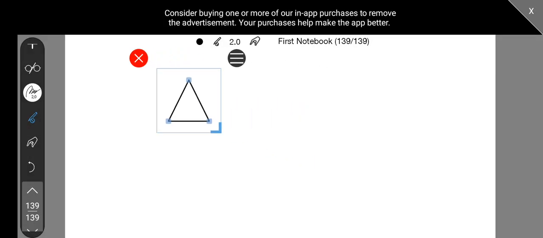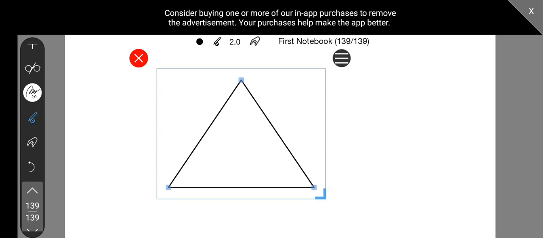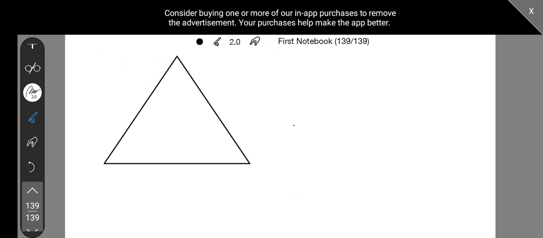Suppose we are given this triangle, and I'm going to label it triangle A, B, C. So what we're going to do, we're going to look at angle A, angle B, and angle C. The side which is opposite to angle A is this one, and I'm going to denote it by a small letter a.